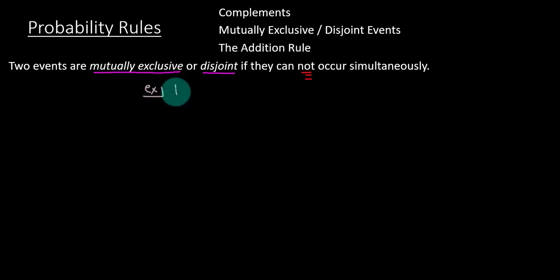You've got heads and you've got tails. They cannot occur together, right? You can't flip a coin and it be a heads and a tails at the same time. So in a single coin flip, heads and tails would be considered disjoint events. Cool.